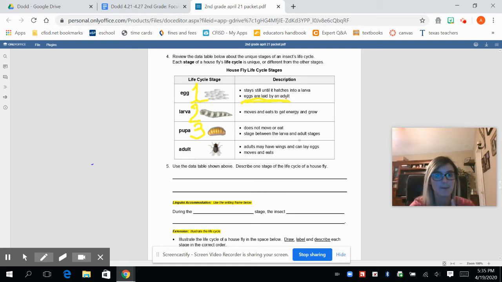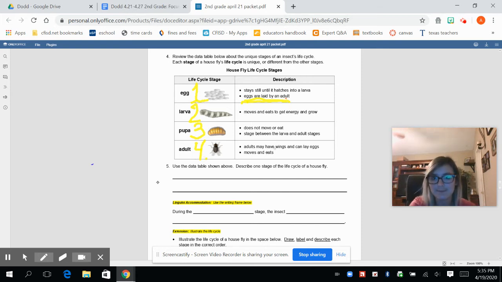Okay, so remember, normally in this stage, the previous insect turns into a different kind of insect. Like the caterpillar turned into a butterfly, and the beetle turned into a ladybug, and here we have a fly. Okay, so let's move on to stage 4.